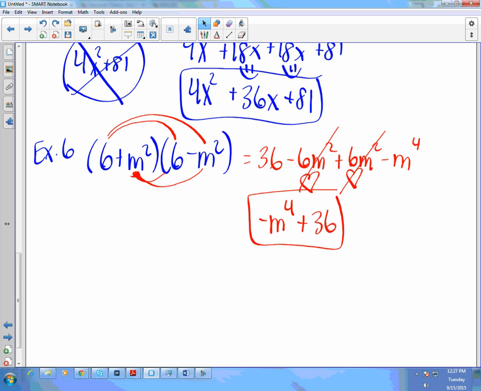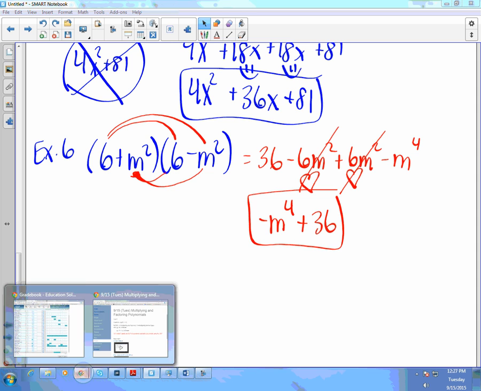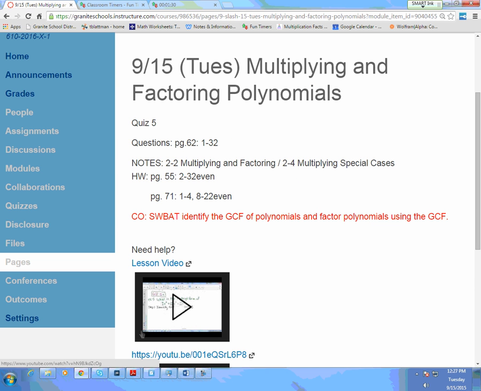Let me see what's on Canvas. Okay, so there are 2 pages. We have the questions on page 62 today, so what does that mean for Thursday? Page 62 is due on Thursday. And we'll answer questions on 55 and 71 next time.